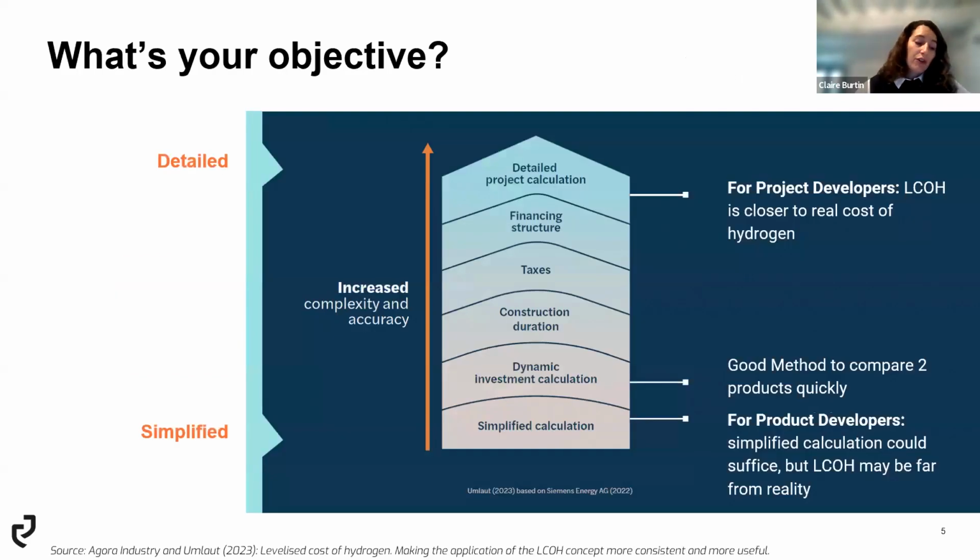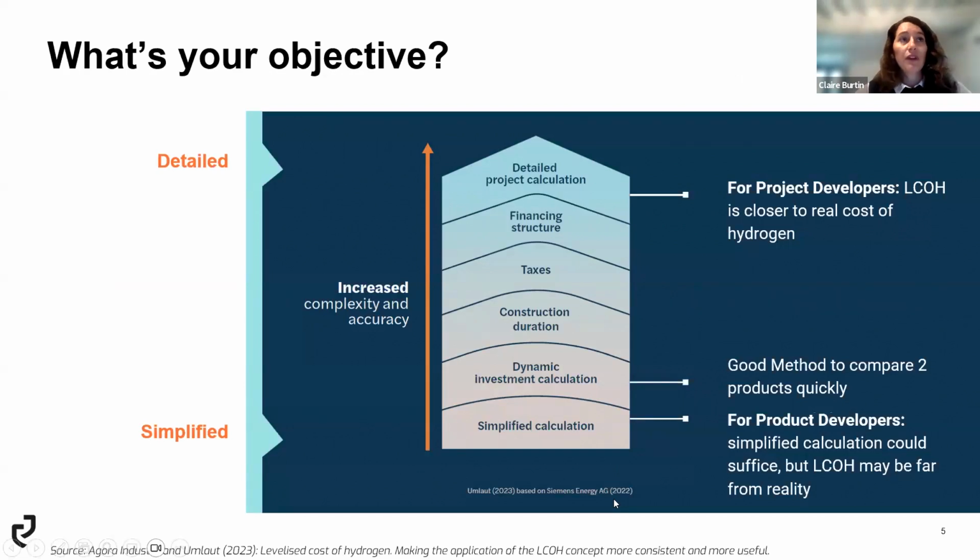But before you start your calculation, what's really important is to define your scope and the level of detail you want to put in this calculation. As I presented, you can do a very simplified calculation, which is what's at the bottom of the graph.